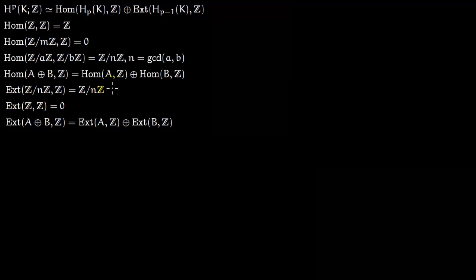Then Ext, we said we can use it as a black box. So Ext of Z/nZ, Z is Z/nZ here. Then Ext of Z and Z is 0. Ext of A direct sum with B, Z is Ext of A direct sum with Ext of B, Z. So there are more examples like this.